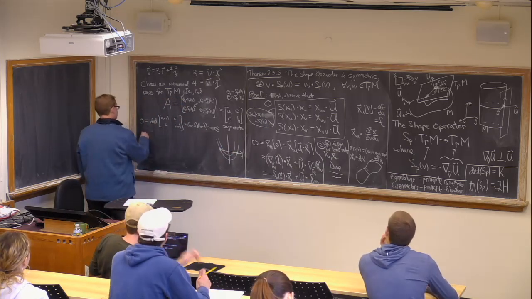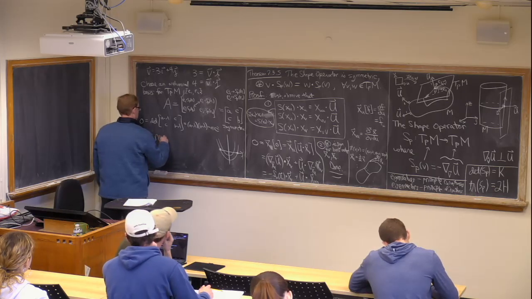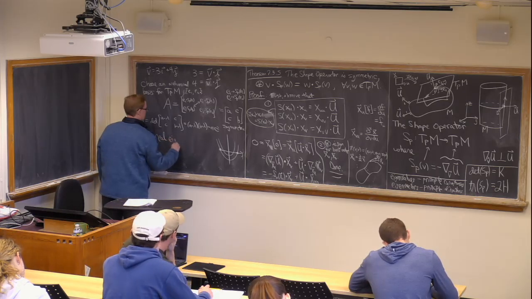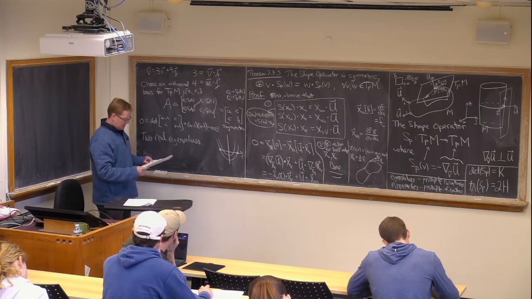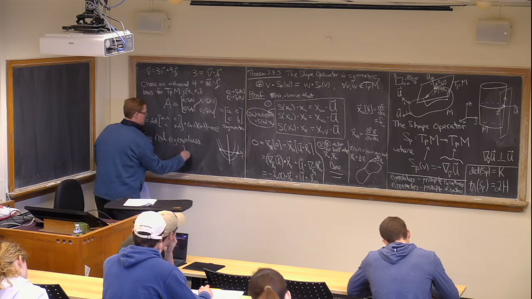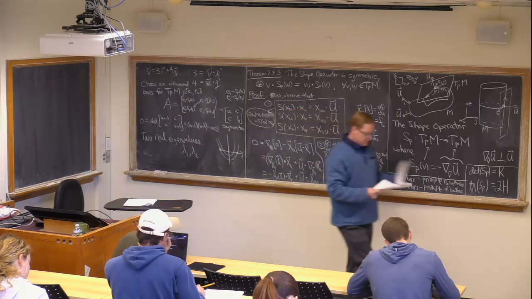And so what it means is we're going to get two real eigenvalues. They could be the same eigenvalue, it could be duplicate, but that's a theorem. Two real eigenvalues, and we call them lambda 1 and lambda 2. That's going to be our principal curvatures.